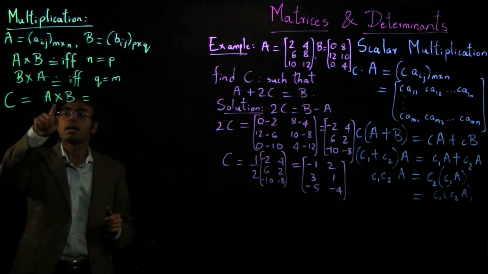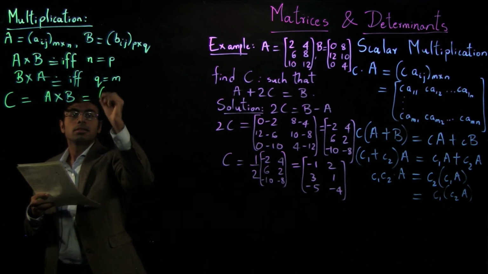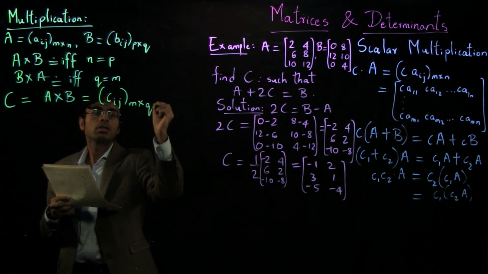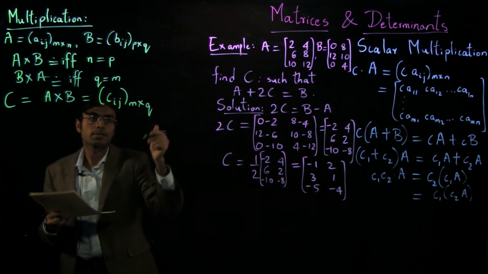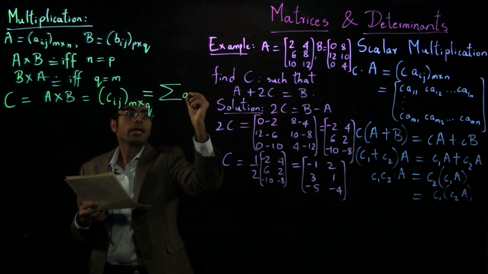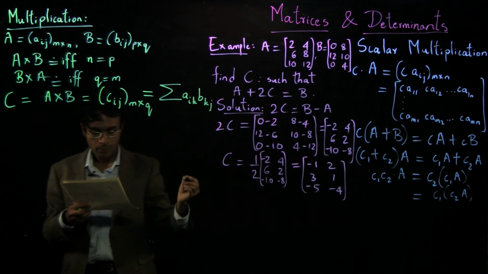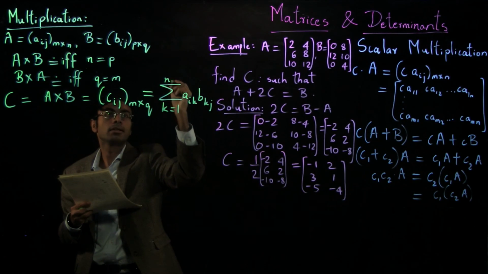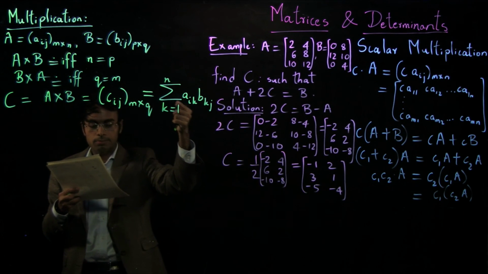So C equals A times B is defined, in the general form, Cij, M cross Q, so the number of rows of A and the number of columns of B, and that is given by the summation Aik Bkj, with the summation index k running from 1 through n, where i goes from 1 through m and j goes from 1 through p.